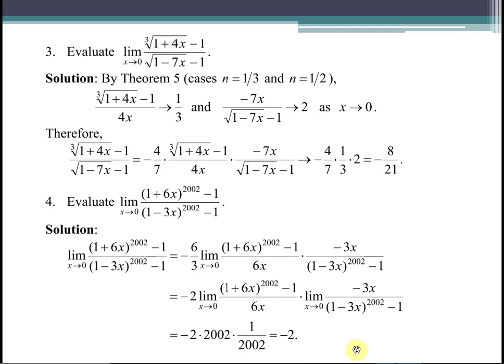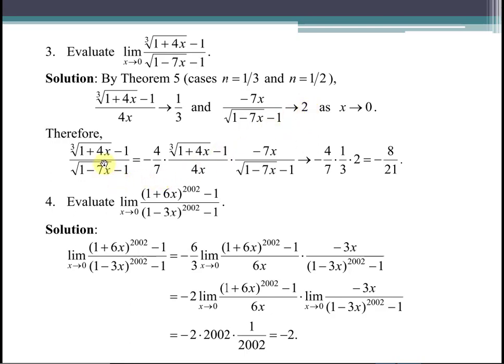So the first one tends to 1 over 3, and the second one tends not to 1 over 2 because we write it inversely, so it is just 2.